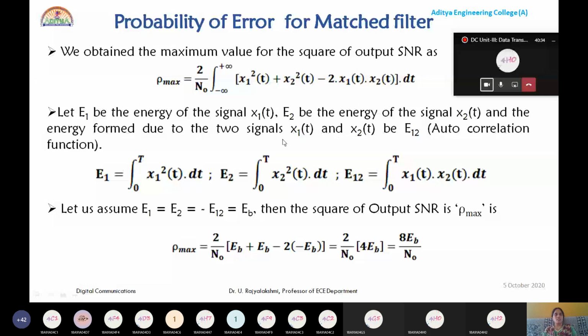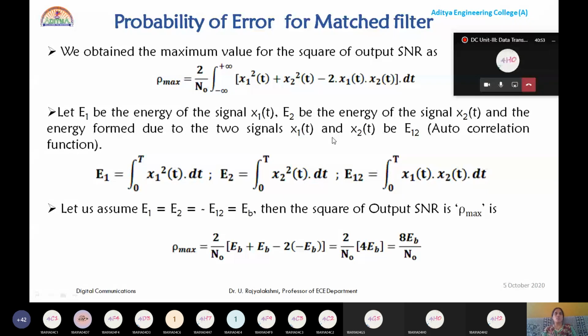Otherwise, that is generally called the autocorrelation function. So using the autocorrelation function, you can obtain the energy as integral 0 to T x1 of t into x2 of t dt, if those two have no similarity in the magnitude, one is x1 of t and the other is x2 of t.